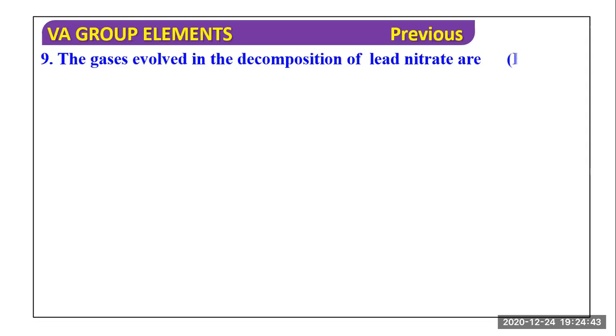The gases evolved in the decomposition of lead nitrate are: N2O3, NO; NO2, O2; N2O3, O2; and N2O, O2.